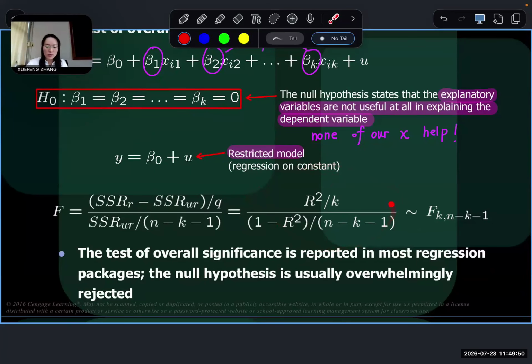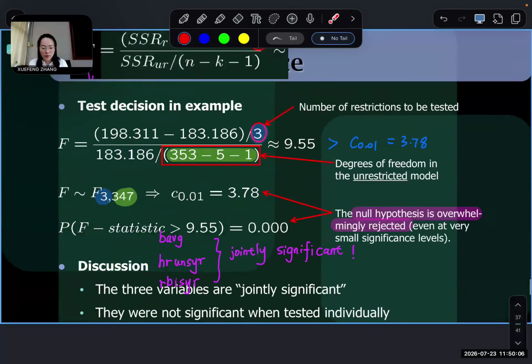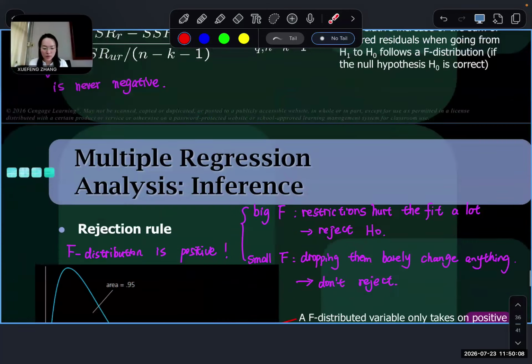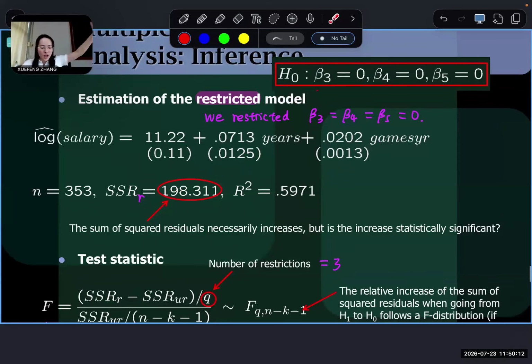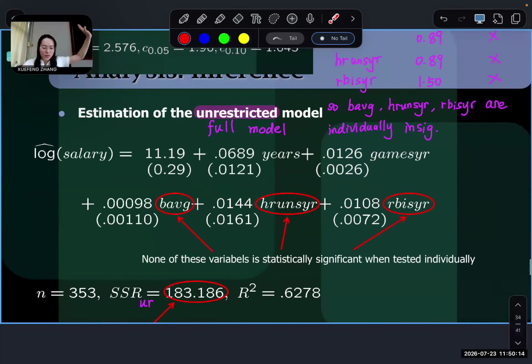So here, we only need to know R squared, right? And then we can calculate the F statistic. That's why this is much easier to compute, okay? No need to run two separate regressions. Before, in order to test, we needed to run first the unrestricted model, which is the full model, to get the SSR.